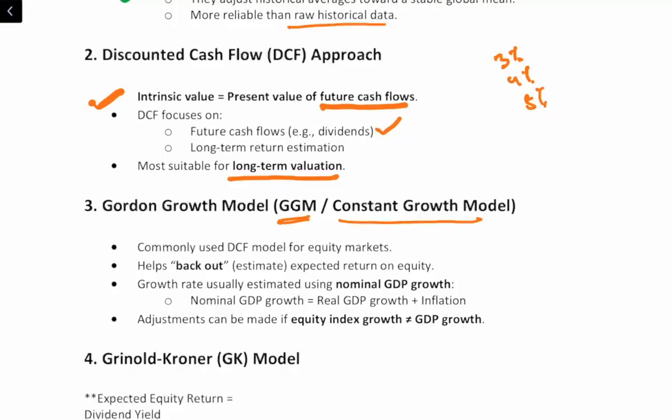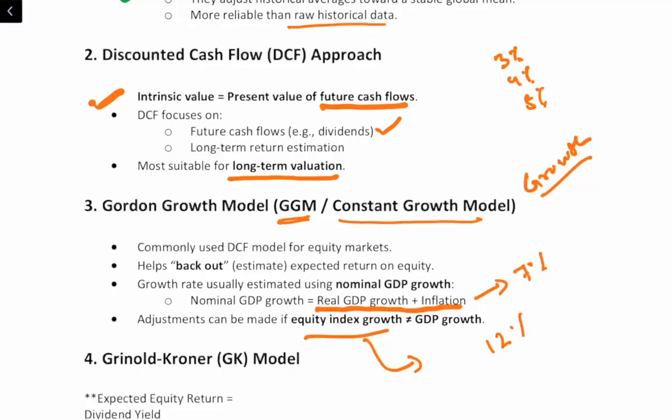So if you are asking, sir, what is the growth of the dividend in the particular company, you will go and look at the nominal growth in the GDP. Clear? And that nominal GDP growth is the sum of real GDP growth plus inflation. Clear? But now you feel that the nominal GDP growth rate is 7%, but your index growth rate is say 12%. Clear? So accordingly, you will adjust the growth rate in your DCF model.